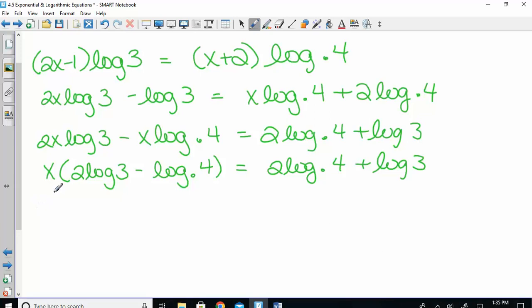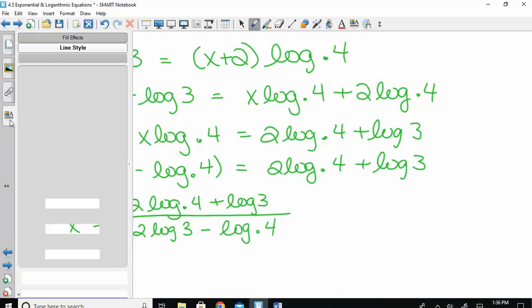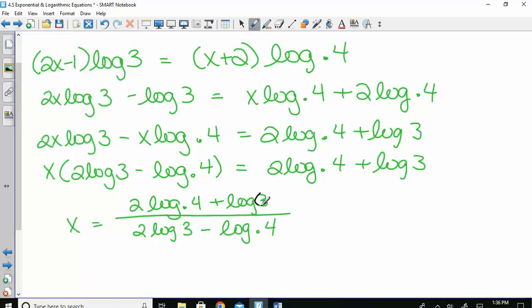Distribute your logs first. Move all the terms with an x to one side, everything without it to the other. Factor out the x, and then divide. When you type this in, you need parentheses.